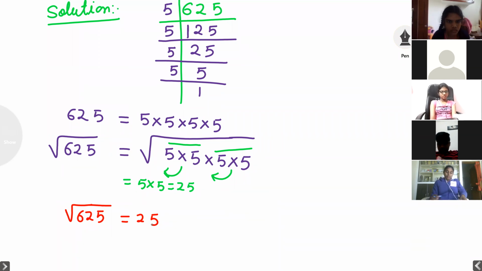If I want to find the square root by prime factorization method, firstly I want to take the prime factors of that number. After that I want to make pairs. Then we can find the square root of that number. Next, keep heading.